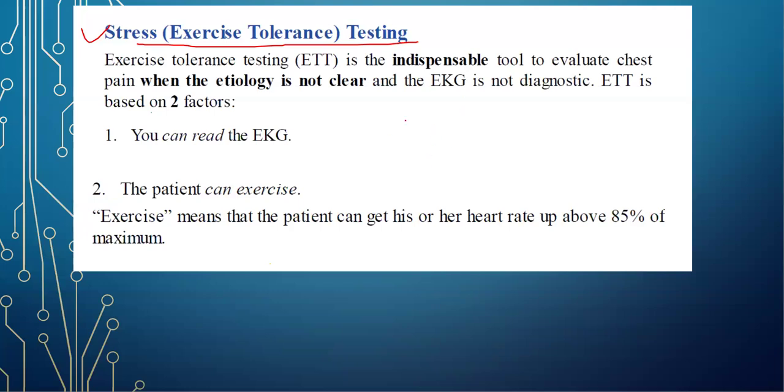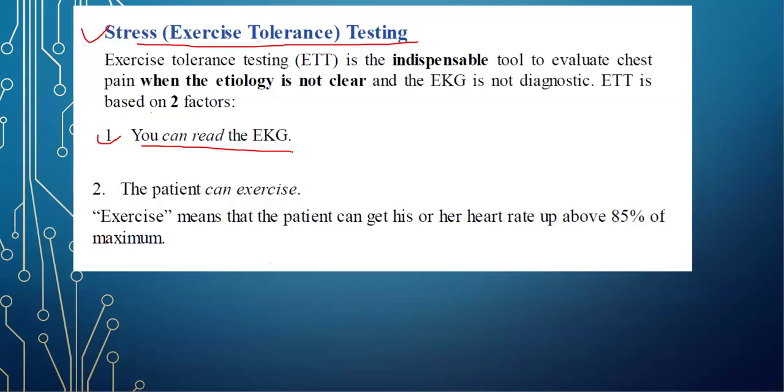Now, to send a patient for a stress test, there are two important things that you need to know. First of all, when you did the baseline or resting ECG, there was no abnormality in that ECG.